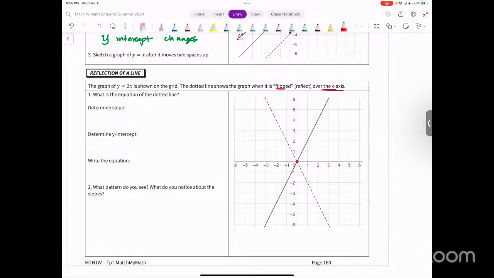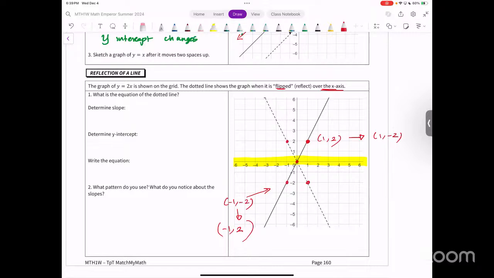When you reflect the coordinate (1, 2) over the x-axis, the x coordinate won't change, but the y coordinate is going to become negative. So (1, -2). Did you guys see that? Are you following that? Let's look at this point on my original line, (-1, -2). When I reflect it over the x-axis, the x coordinate doesn't change, and the y coordinate is going to become 2. Do we have that point?